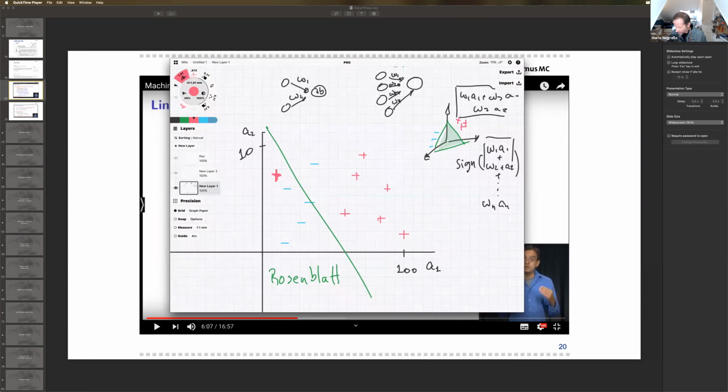Well, we actually want to move this line a little bit. Because if we just give this data point to our sign function as it is, it will return a minus because it's under the curve. So we assume that that's where the minuses are. It should be a plus, but the output is a minus.